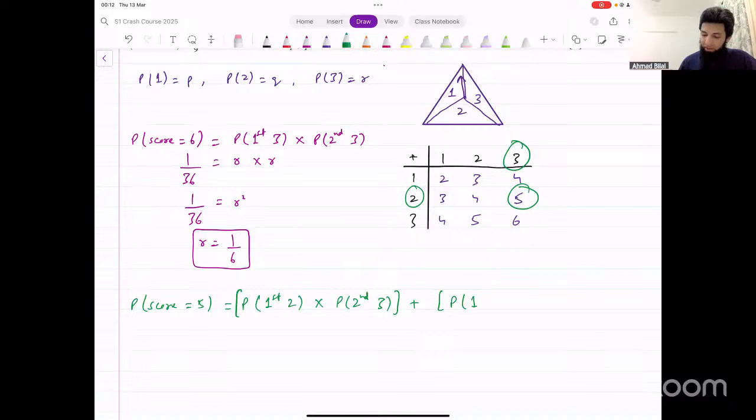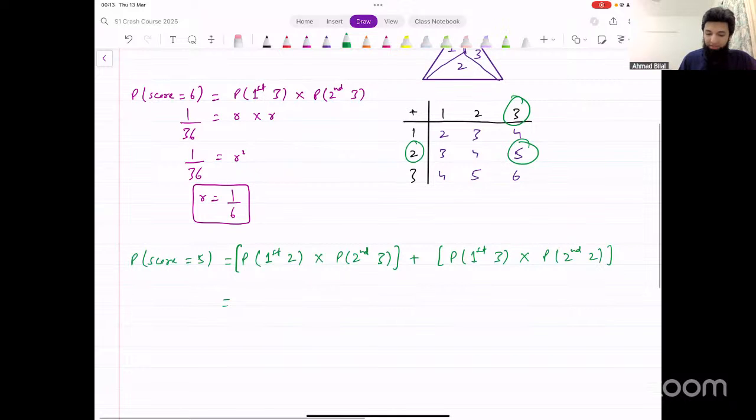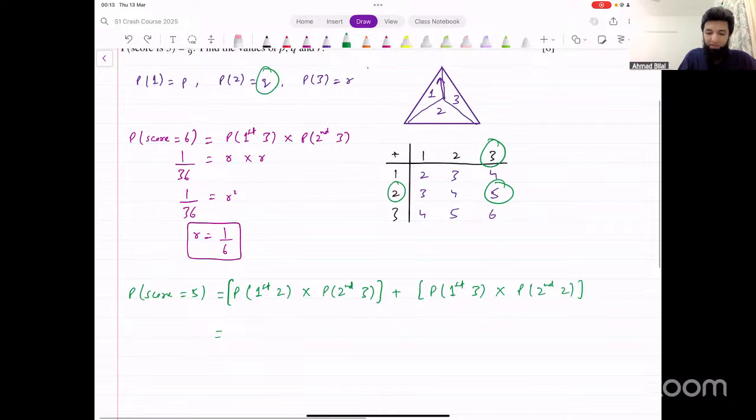Probability of having 3 on the first spinner and having 2 on the second spinner. What does that simplify to? Probability of first spinner giving you 2, that is Q. Probability of second spinner giving you 3, that is R. So we have QR plus probability of first being 3, that's R, times Q. Second being 2, that is Q. And that simplifies to 2QR, right?